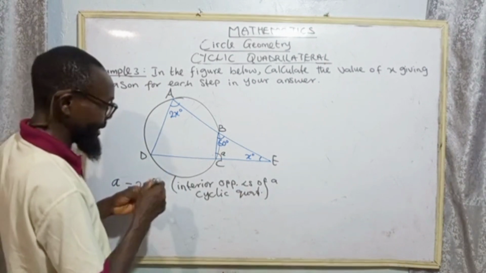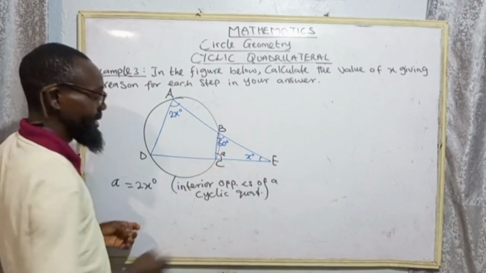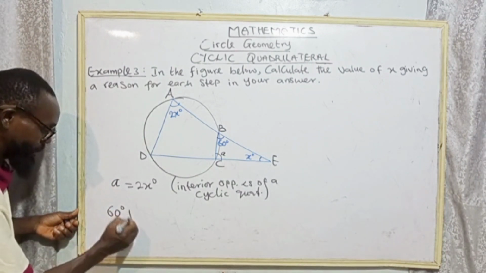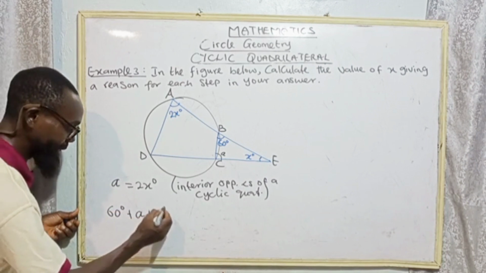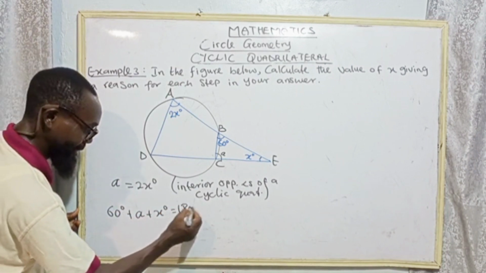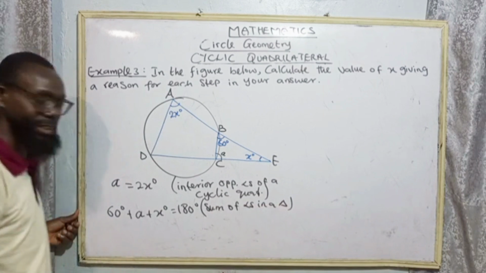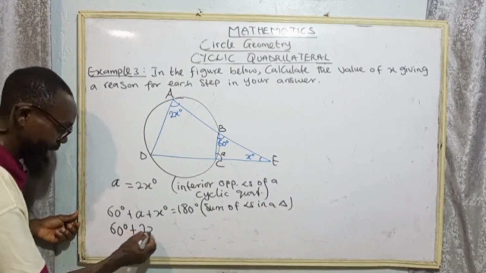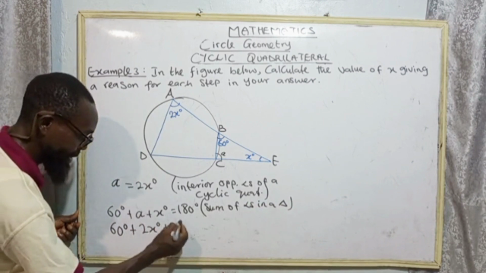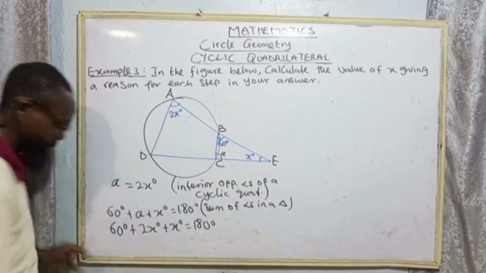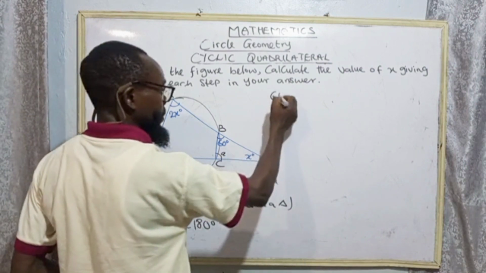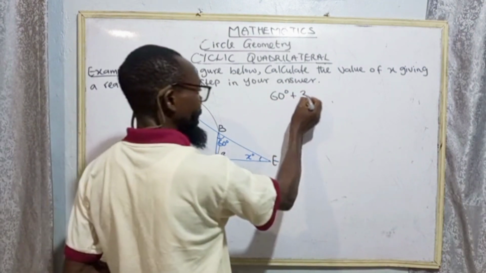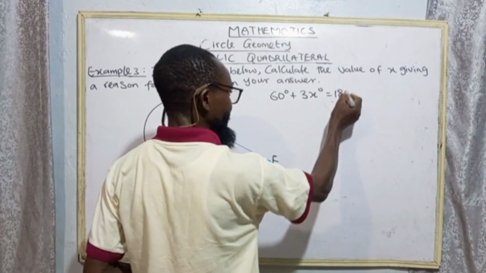Now, looking at this angle BCE, they are angles in a triangle. When I sum them up, 60 degrees plus my a plus x degrees equals 180 degrees. Reason: sum of angles in a triangle. So 60 degrees plus 2x degrees plus x, we have 3x degrees equals 180 degrees.